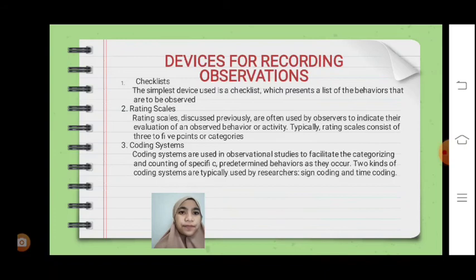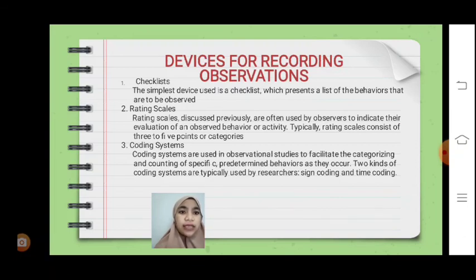The next, devices for recording observation. 1. Checklist. The simple device uses a checklist, which presents a list of the behaviors that are to be observed. 2. Rating scales.